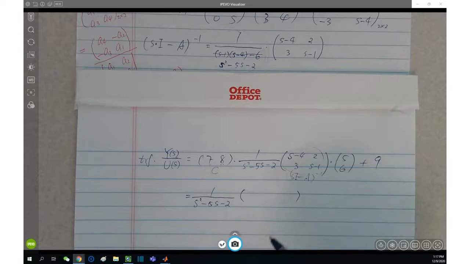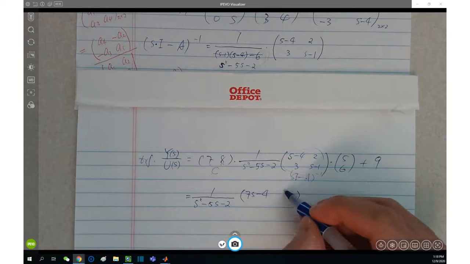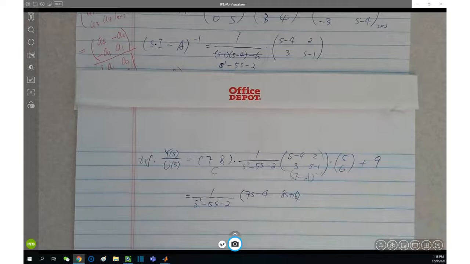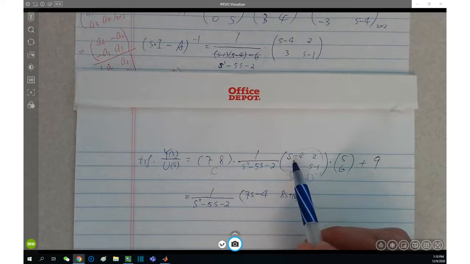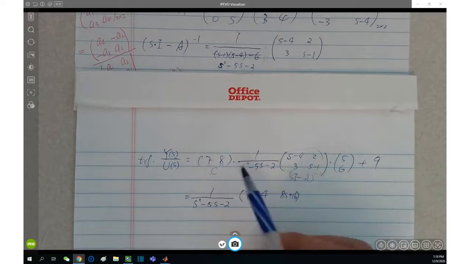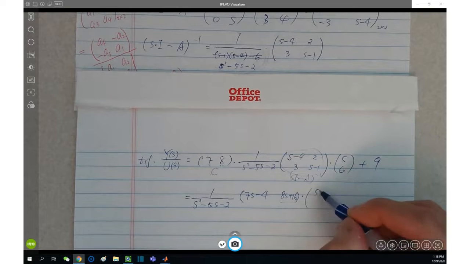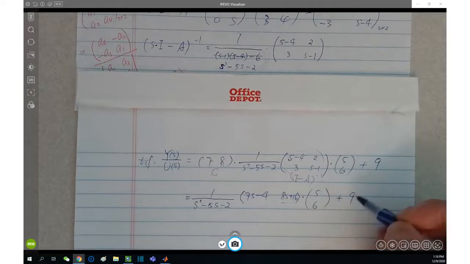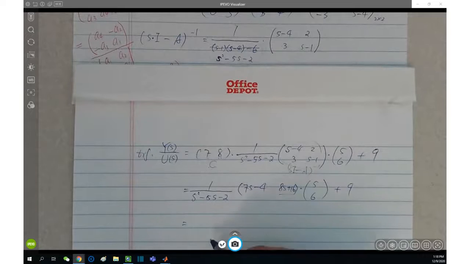And if this is clear, then it should end up with this. So 7 times s minus 4 plus 8 times 3. This is the first entry. Second entry here is equal to 7 times 2 plus 8 times s minus 1. Right? This time times 5, 6. And what have you got?